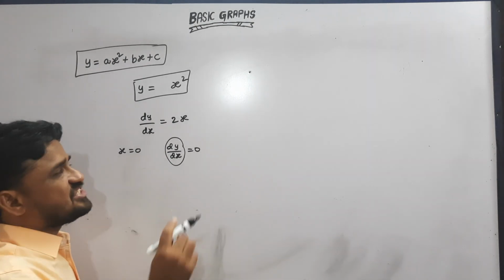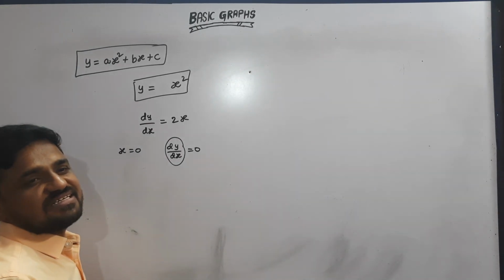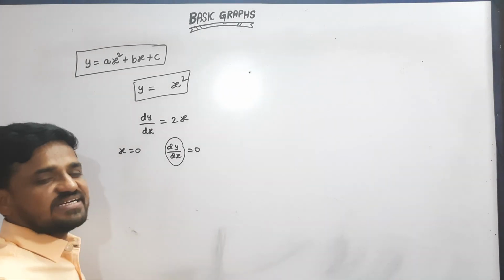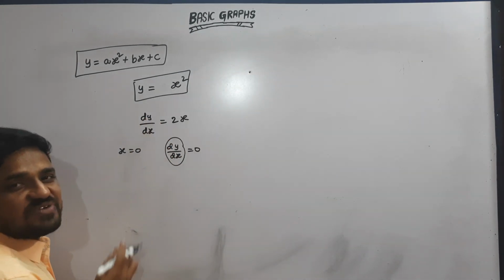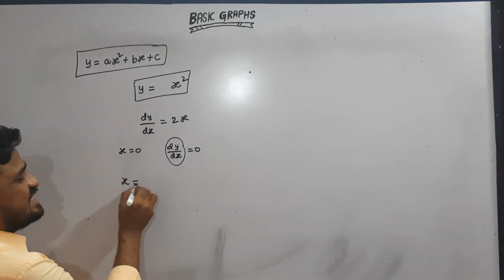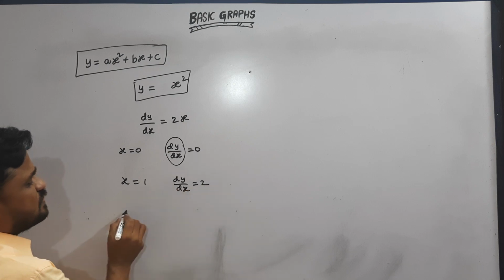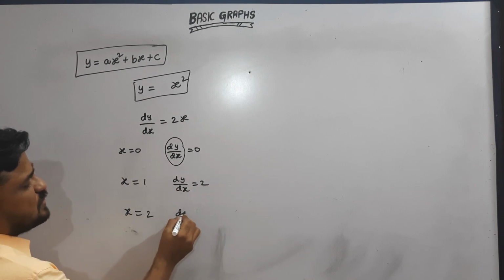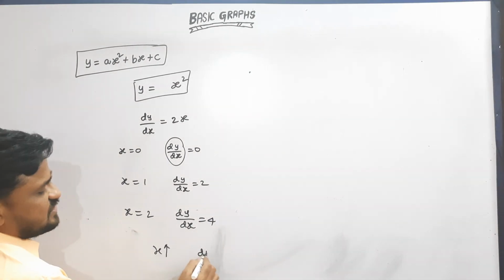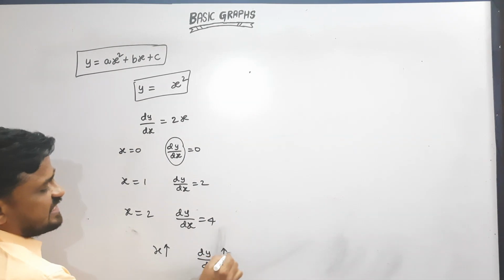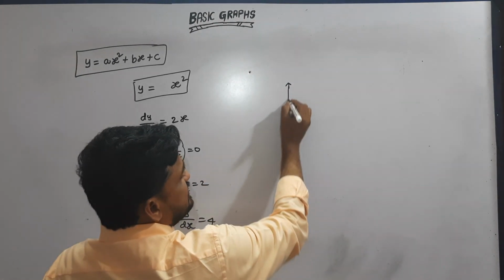Slope gives the change of y quantity with respect to x quantity. It is given by the expression tan theta. If x equal to 1, dy by dx equal to 2. If x equal to 2, dy by dx equal to 4. As x increases, the slope of the graph increases. Initially, the slope of the graph is 0.